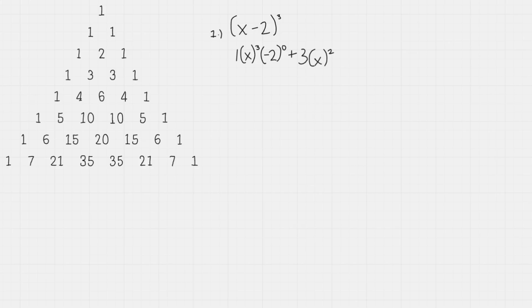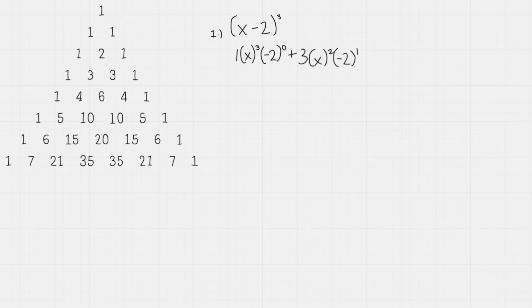So the power of the first term will be descending: 3, 2, 1, till 0. The second term we multiply by will ascend: 0, 1, 2, and 3, times negative 2.